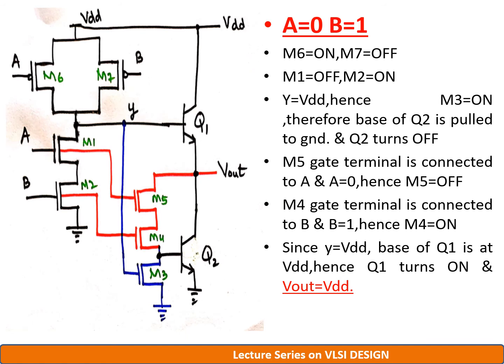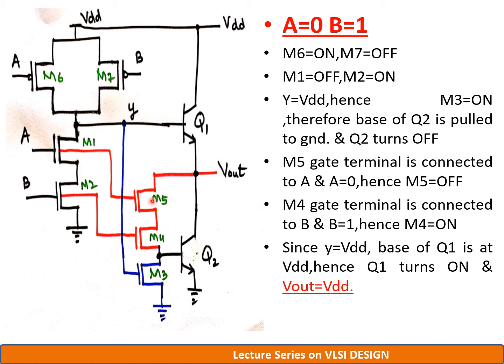Similarly, when A is 0, B is 1, M6 will be in on state, M7 in off state, M1 off state, M2 on state, hence Y will be VDD. Since Y is VDD, M3 will go to on state, and hence the base of Q2 will be discharged to ground.